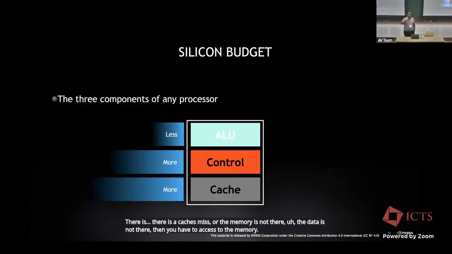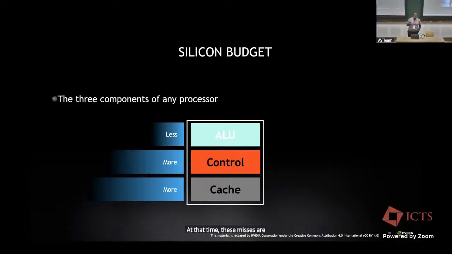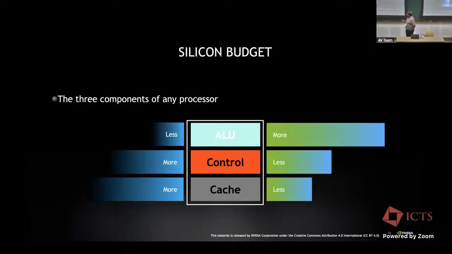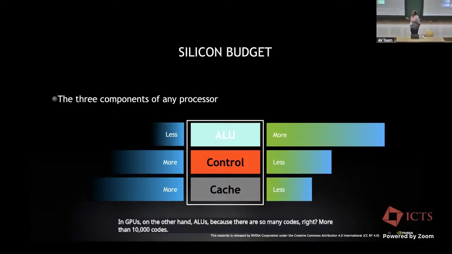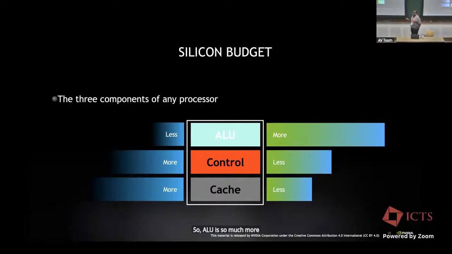These misses are costly. So a system of caches is built in to minimize that cost, okay? In GPUs, on the other hand, because there are so many cores, more than 10,000 cores, there are many more ALUs. Control is less because there are so many things to control, and the caches are relatively smaller.